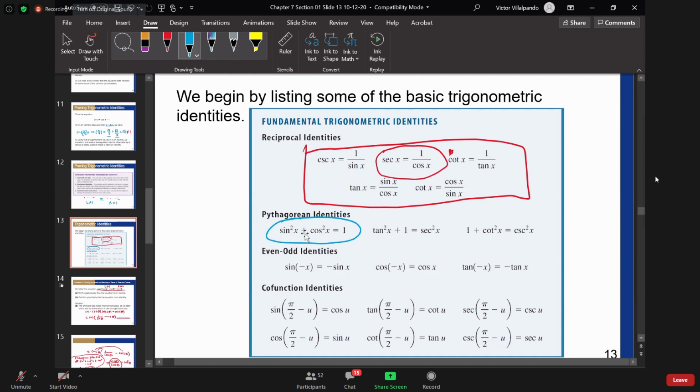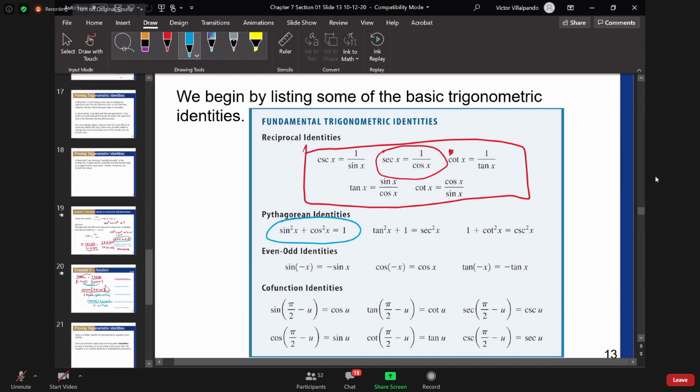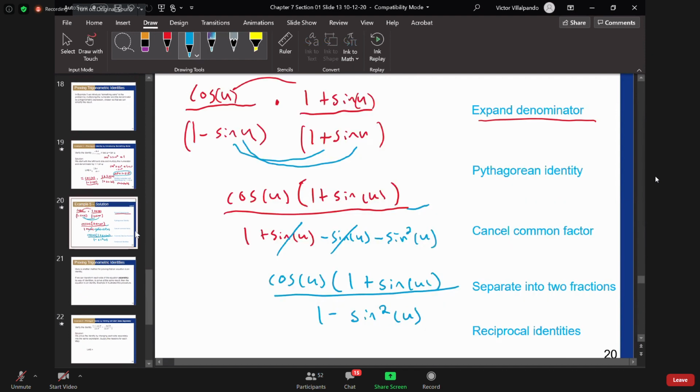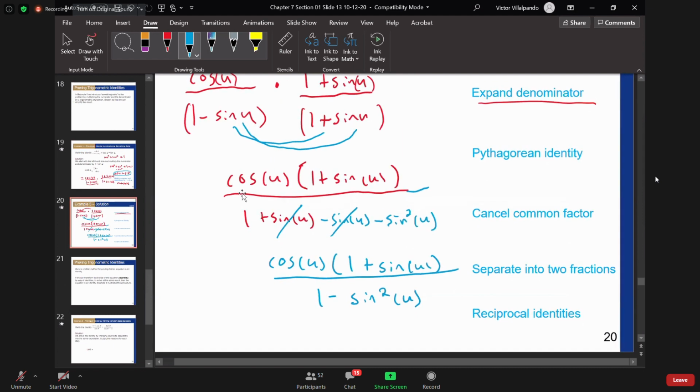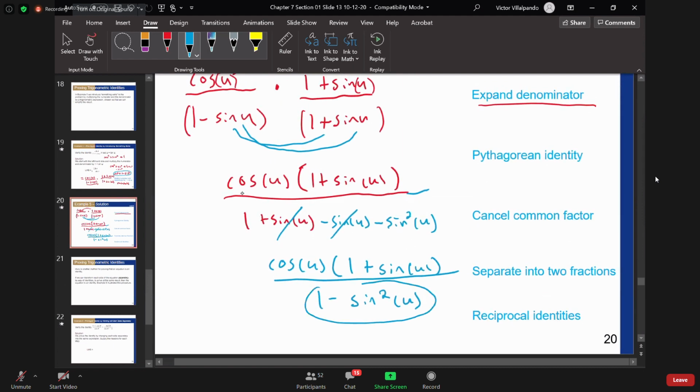It's going to come up a lot, and I even showed you how to come up with these other two. So you only really need to know this one because you can derive the other two, and I showed you how to derive them as well. Coming back to our problem, 1 minus sine squared actually equals cosine squared. Cosine squared equals 1 minus sine squared.